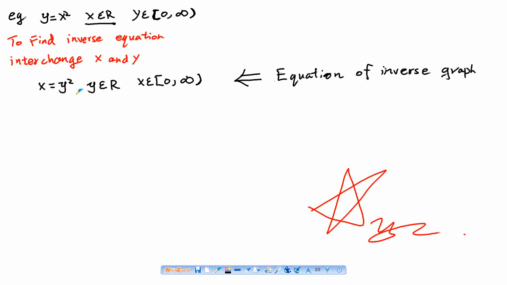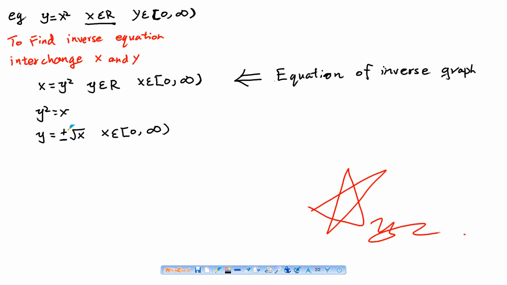Now let's rearrange the equation. So I will have y squared equals x, and y would be positive or minus square root of x, and the domain of the inverse graph will be x belongs to 0 to positive infinity.